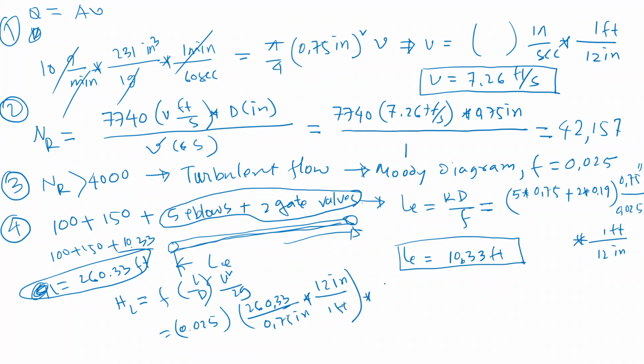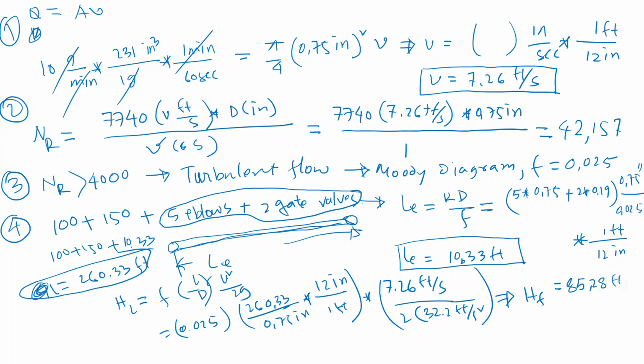I think the velocity we calculated was 7.26 feet per second. Then 2 times the gravity constant, 32.2 feet per second squared. If you do all of these calculations correctly, I found the total loss is 85.28 feet of water.